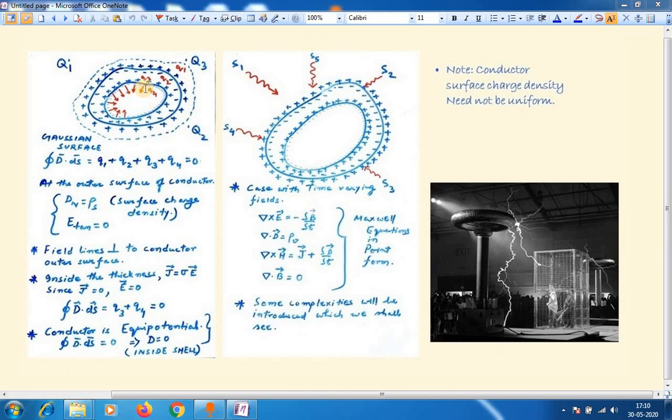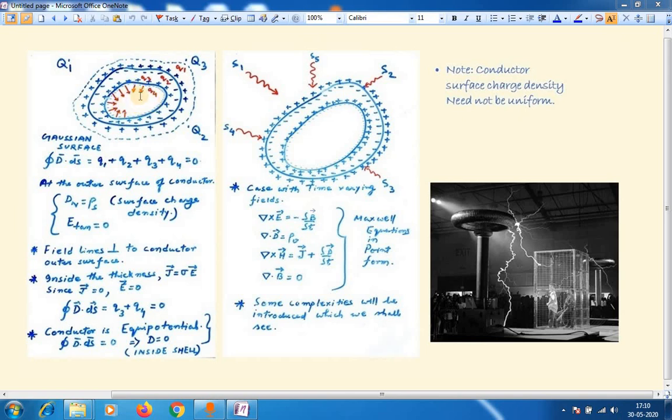Now the electric field lines, if they exist, will be either directed towards the center or away from the center, right? But the closed surface integral of the dot product is 0, which is possible only if D is 0. That means our assumption is wrong.